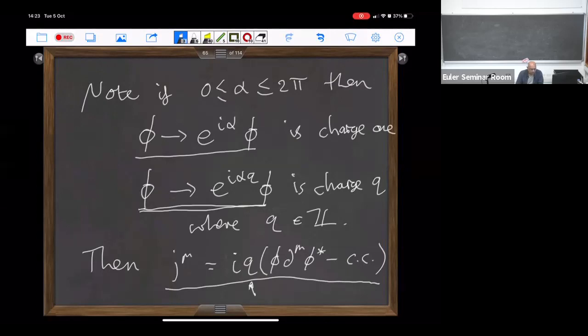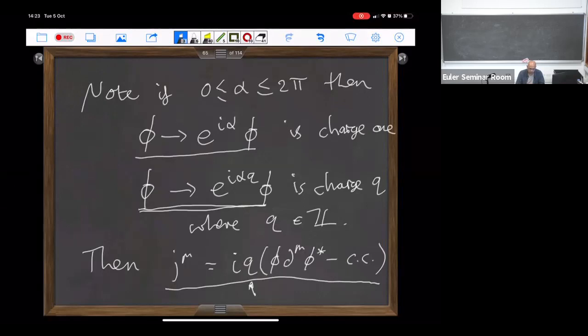So electric charge is given by E, and E is just a number in natural units of order roughly 1/3. But you have to take that normalization constant out in trying to define the globally defined charges. Okay.